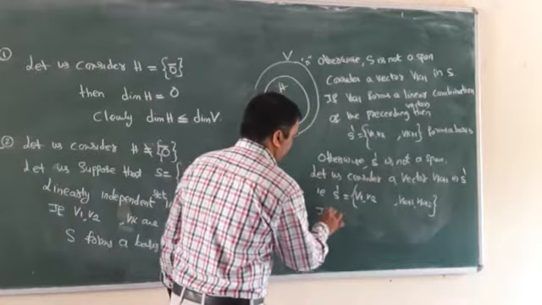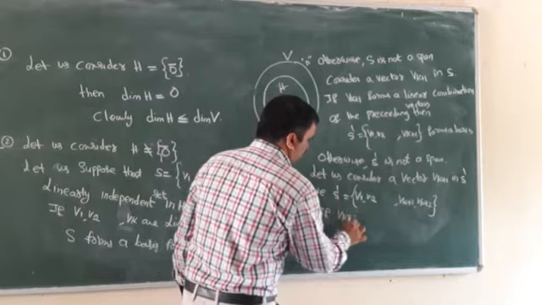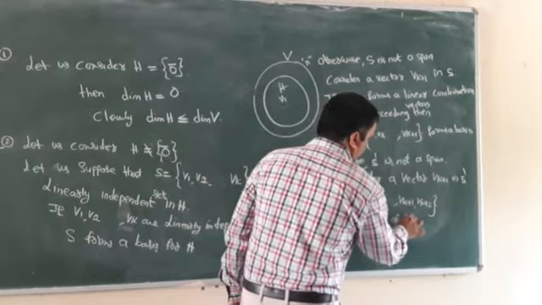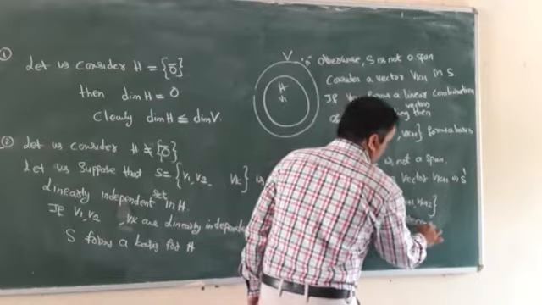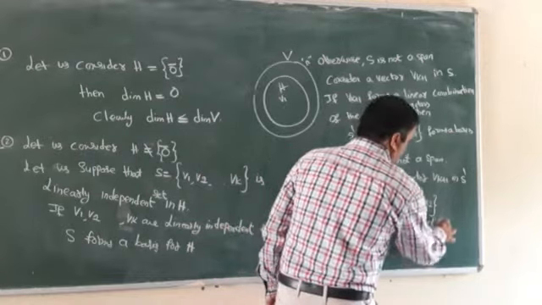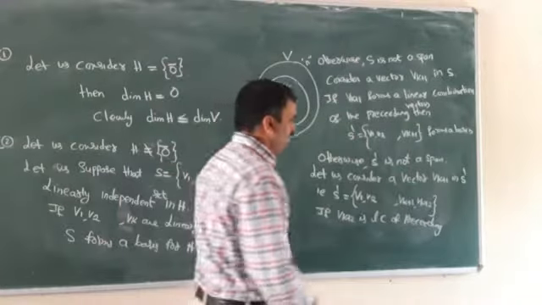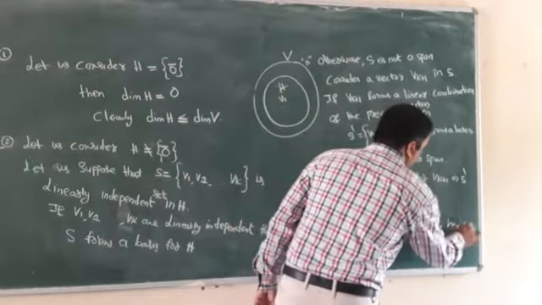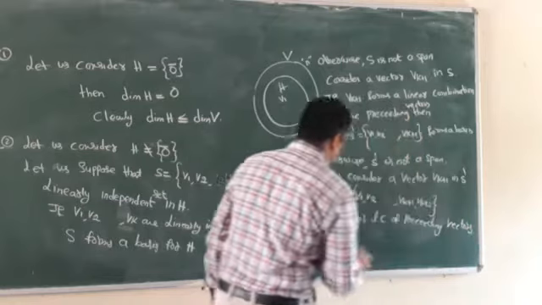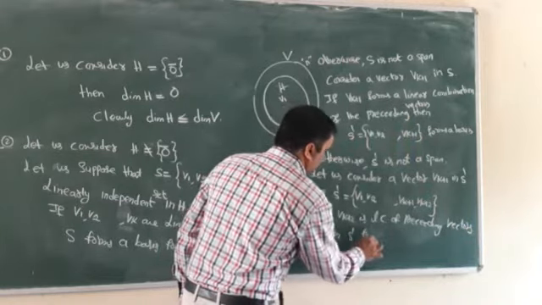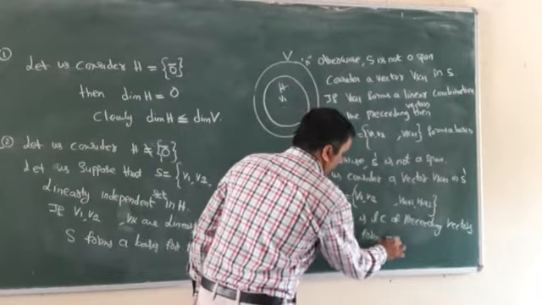If Vk plus 2 is a linear combination of preceding vectors, then S dash forms a basis.